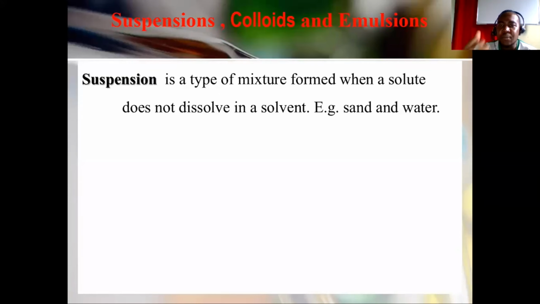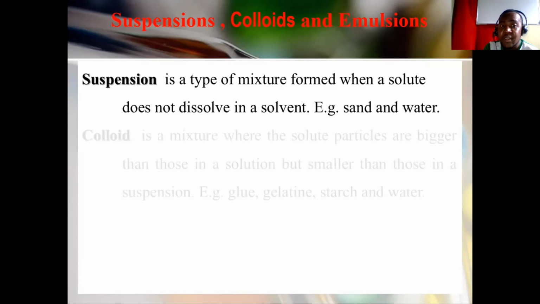So your solute particles are so big that they are hanging at the bottom of your solvent. Like sand and water, the sand is at the bottom of the water, suspended there. So that's what a suspension is.